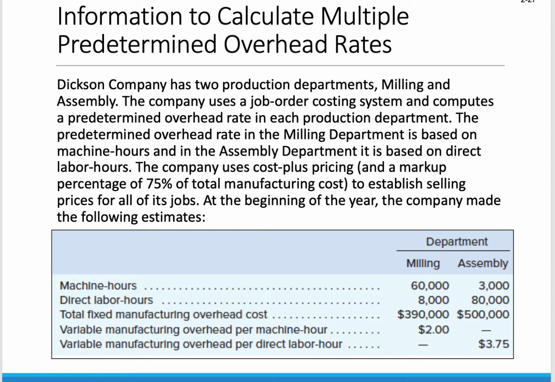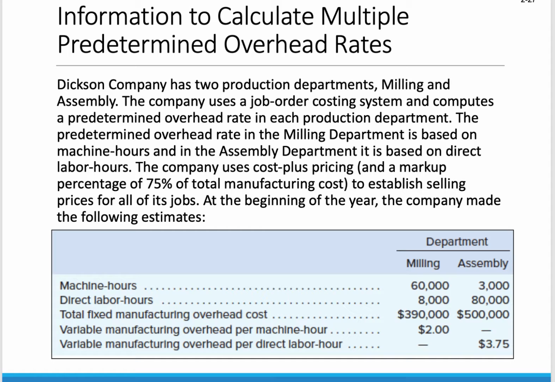The cost-plus pricing method basically says we're going to determine our selling price based on how much it costs us to produce or provide a service, plus some percentage. In this example, they use a markup of cost plus 75% of total manufacturing costs. That's how they get their selling price.